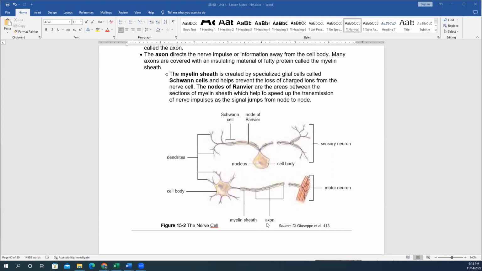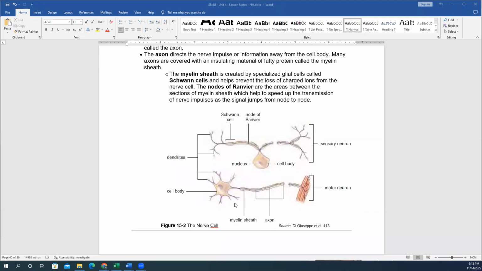Myelin sheath is actually made by these special glial cells that are called Schwann cells, and Schwann cells help to form this myelin sheath. They kind of curl and wrap themselves around the axon, forming this myelin sheath.